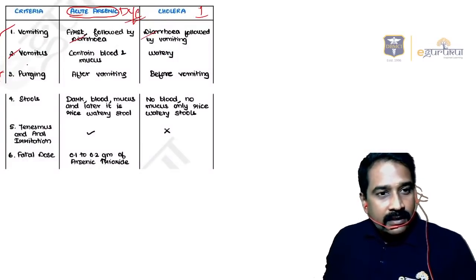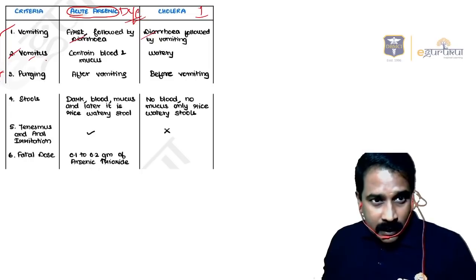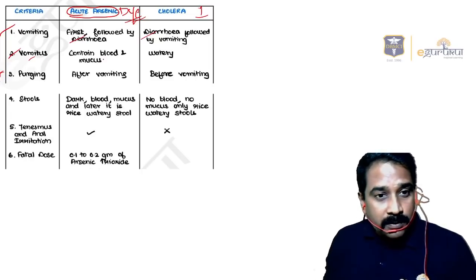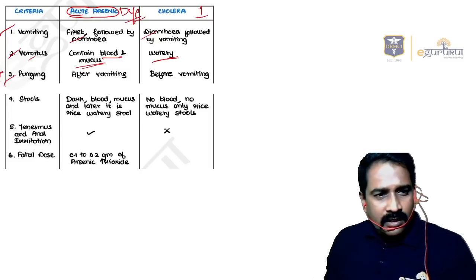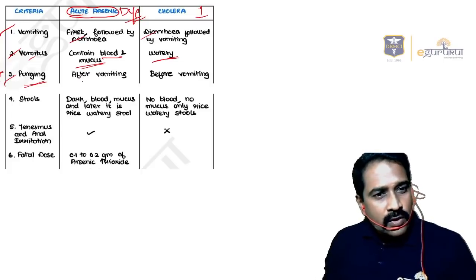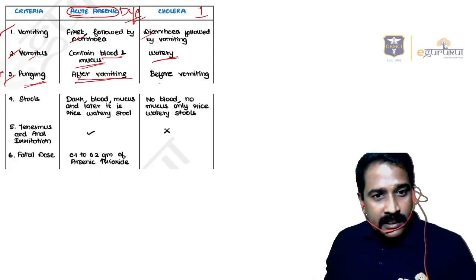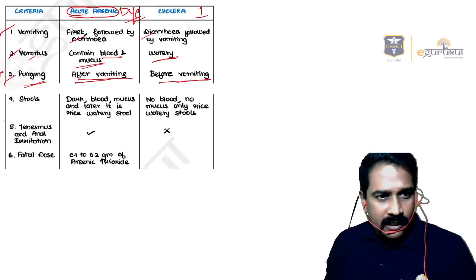Then second criteria, vomitus. Vomitus in arsenic contains blood and mucus. In cholera, it's water. Then third, purging or diarrhea. Purging is after vomiting in case of arsenic, and before vomiting in case of cholera.